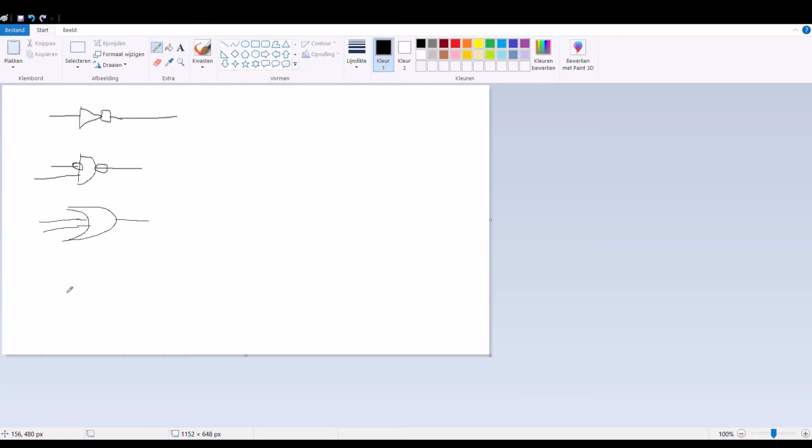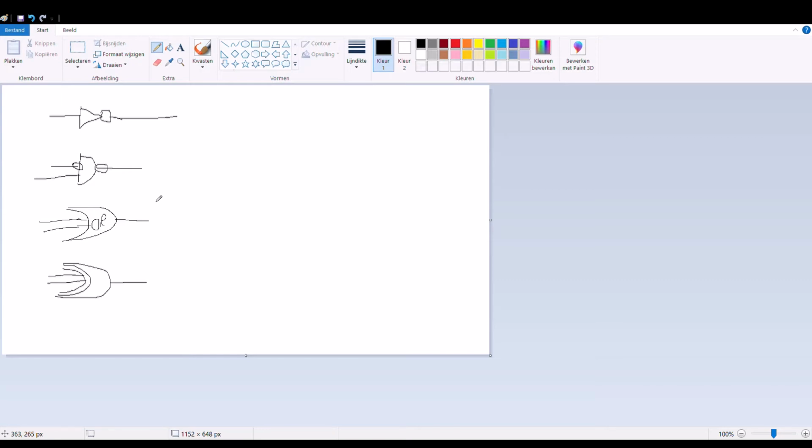This is an OR. And lastly, XOR is the same as OR, but with an extra line right here. So this is an XOR. You can always write it inside if you want to for clarification.